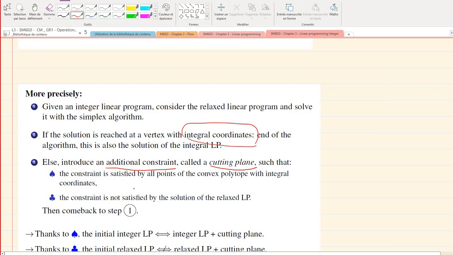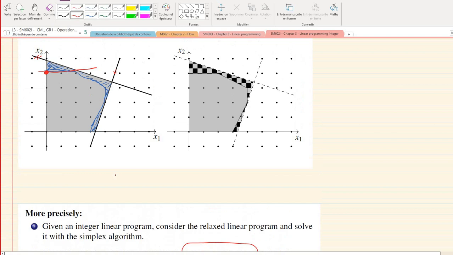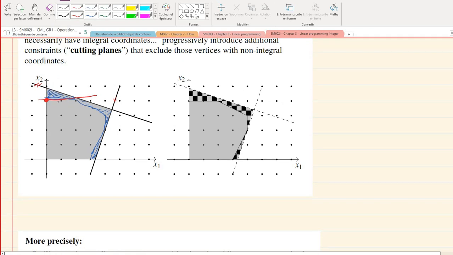First, the constraint is satisfied by all the points with integer coordinates. So if you introduce the red cutting plane here, all the integer coordinates that I have inside will not have a problem with this cutting plane. So they will still be inside my domain. They will satisfy this condition.